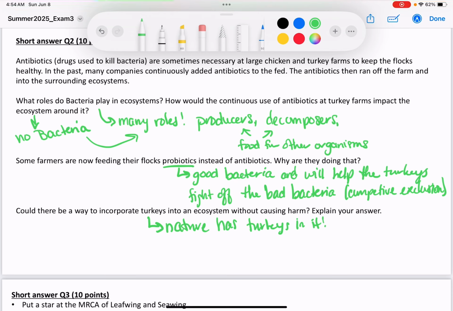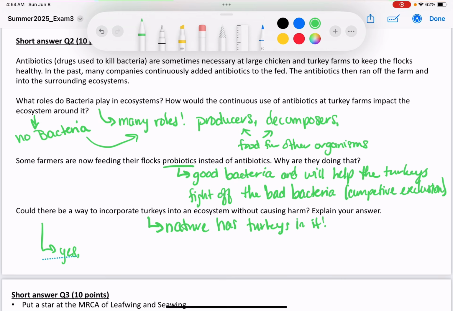And they are part of the food web that's present in natural ecosystems, right? But you could also have farm systems where you have turkeys play a role. So I allowed a lot of different answers for this. Some people were talking about regenerative farming, and that is great. I'm surprised some of you knew about that.